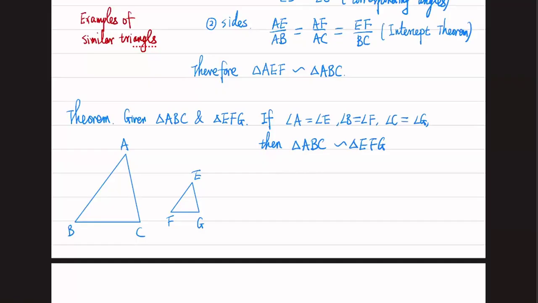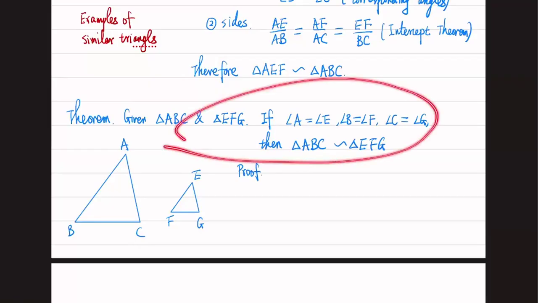All right, how do we prove this? At this moment, we cannot use the AA similarity theorem yet, because that theorem is based on this theorem.